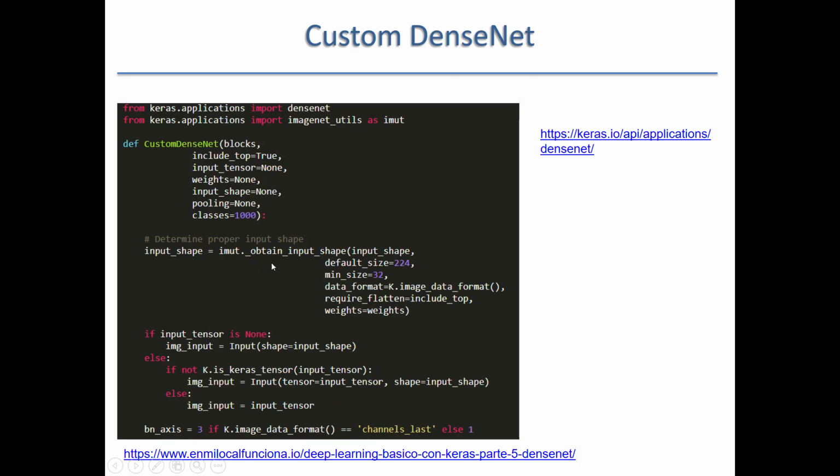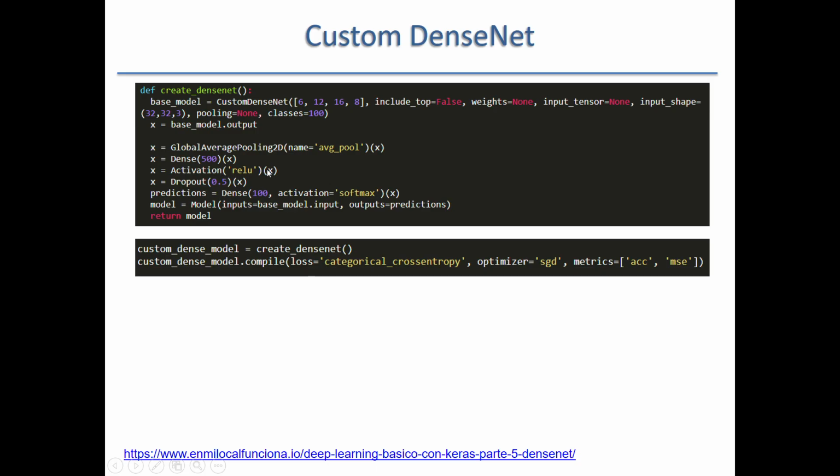And then you take the output of the base model and you go through an average pooling, some dense layer, an activation, dropout, and then you make your predictions into 100 classes, because you have 100 classes for that.